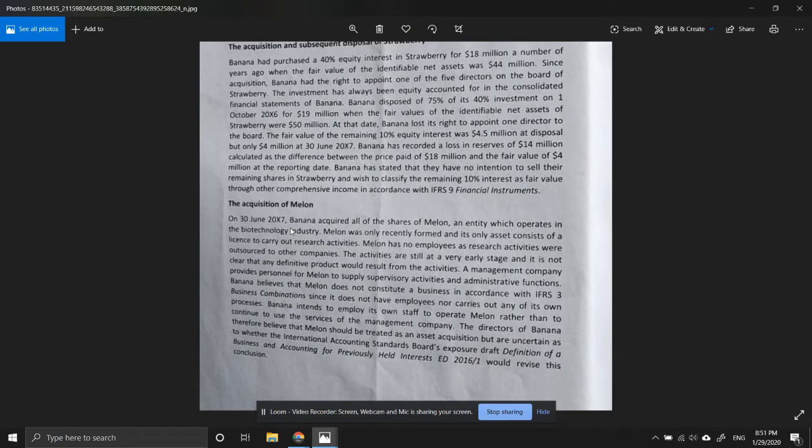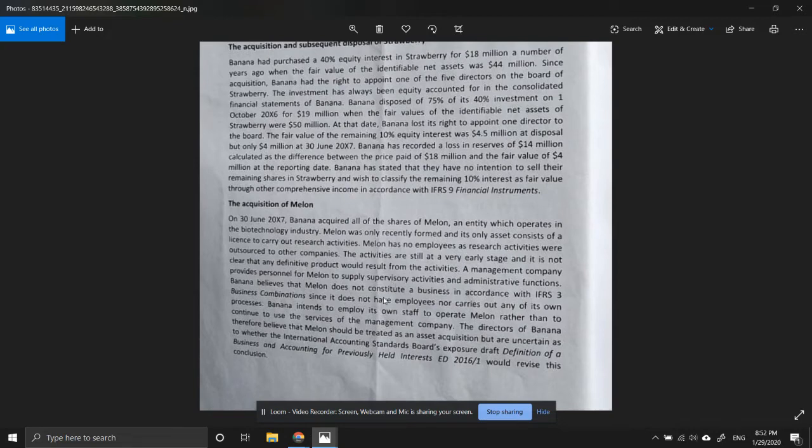On 30th June 2007, Banana acquired all the shares of Melon, an entity which operates in the biotech industry. Melon was only formed and its assets consist of a license to carry out research activities. Melon has no employees as research activities were outsourced. The activities are still at a very early stage and it is not clear that any definitive product would result from the activities. A management company provides personnel for Melon to supply supervisory activities and administrative functions.